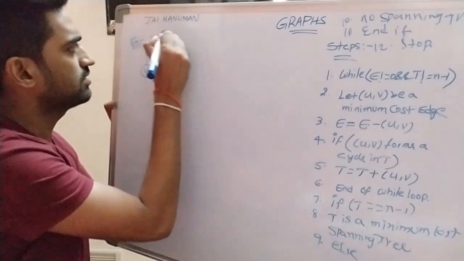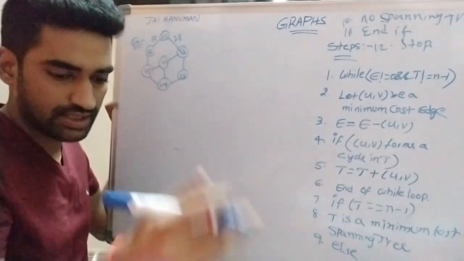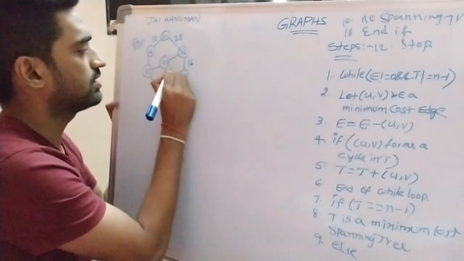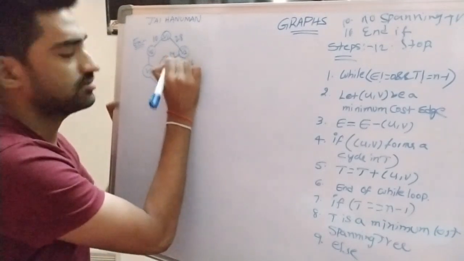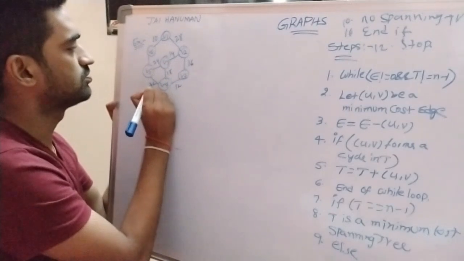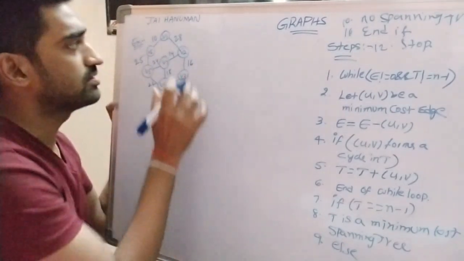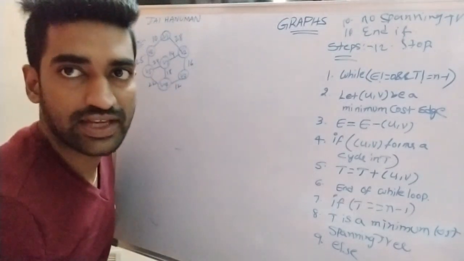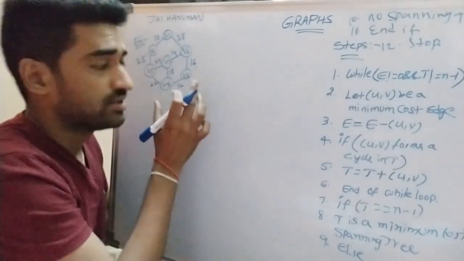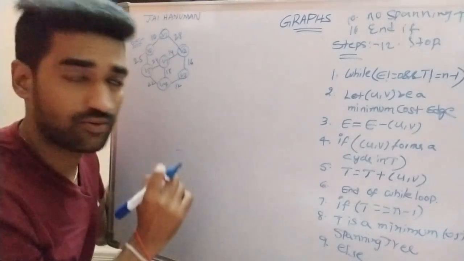Suppose the edge weights are 10, 28, 16, 12, 18, 14, 24, 22, and 25, right? So here I am taking this weighted graph. Based on this algorithm, I am solving the problem. Finally, we can get the minimum cost spanning tree for this weighted graph, right?